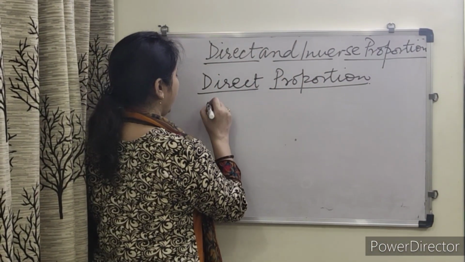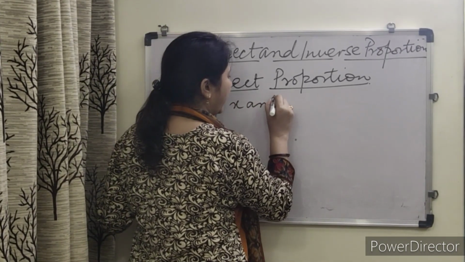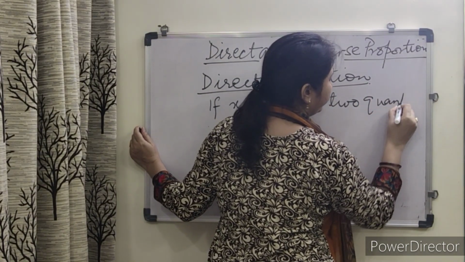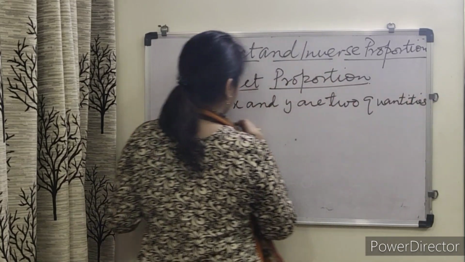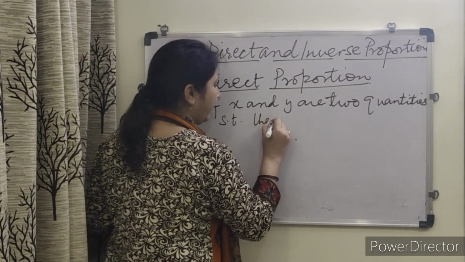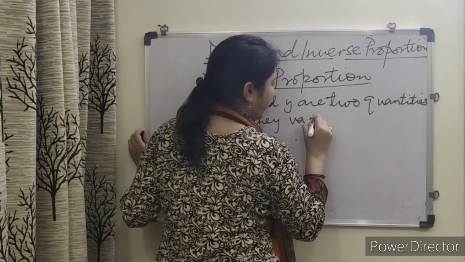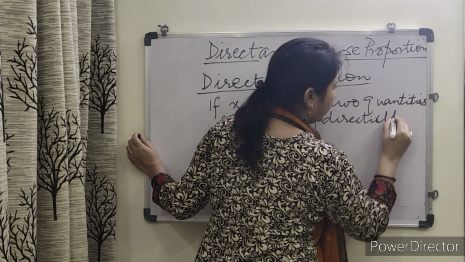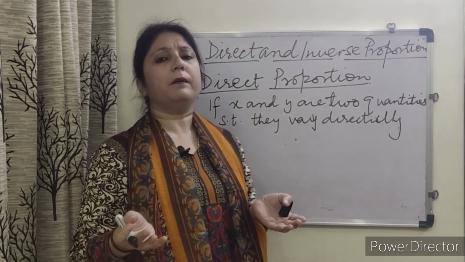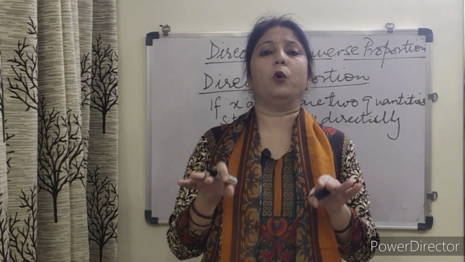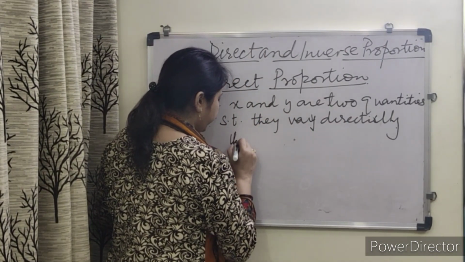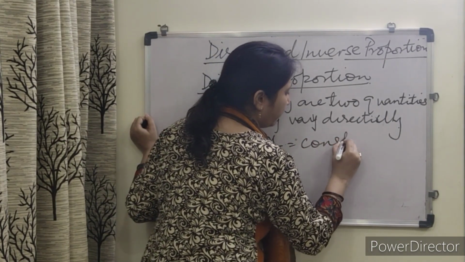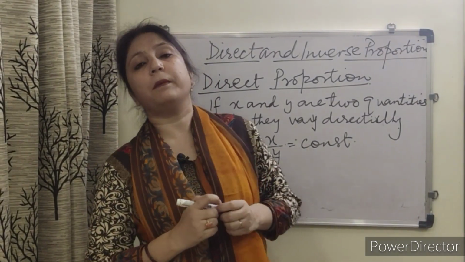So if x and y are two quantities such that they vary directly, directly means that at the same time they both increase or they both decrease, then the condition is their ratio will remain always constant.